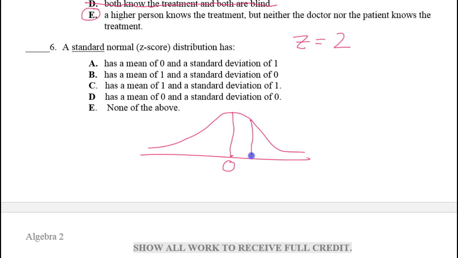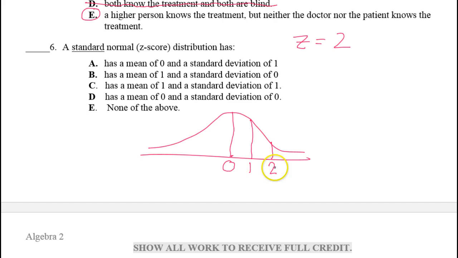But now as we go up, okay, if you have a z-score of 2, that means you are 2 standard deviations above the mean. So if you have a z-score of 1, that means your score is 1 standard deviation above the mean. So that means that the standard deviation for a z-score chart is going to be 1.